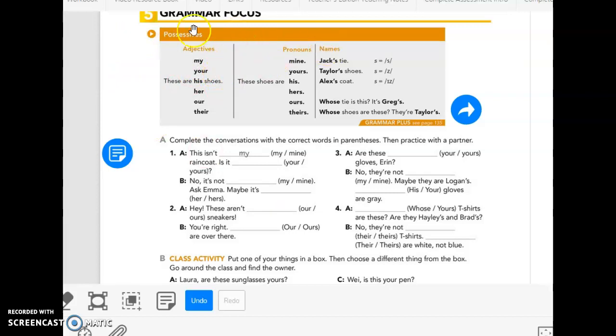Los possessive adjectives son los que dicen los siguientes. Aquí tenemos dos. Possessive adjectives and possessive pronouns. What are the possessive adjectives? The possessive adjectives are my, your, his, her, our, and their. ¿Qué significa cada uno de ellos? Estos los utilizamos al centro de una oración, mientras que los possessive pronouns los utilizamos al final de una oración. ¿Estamos?